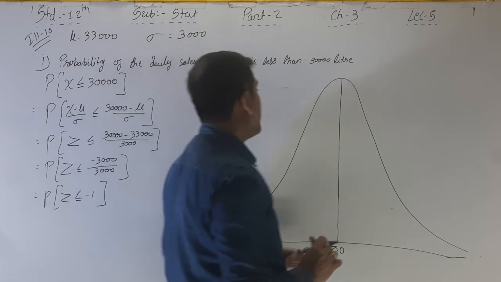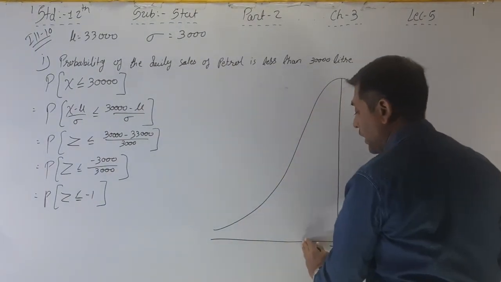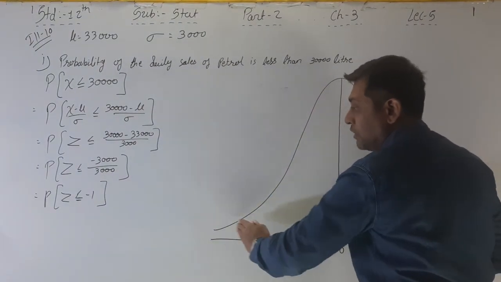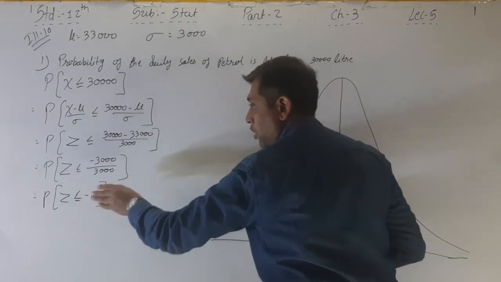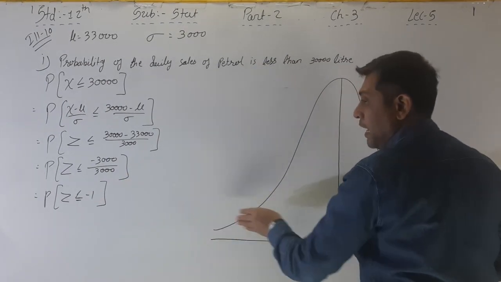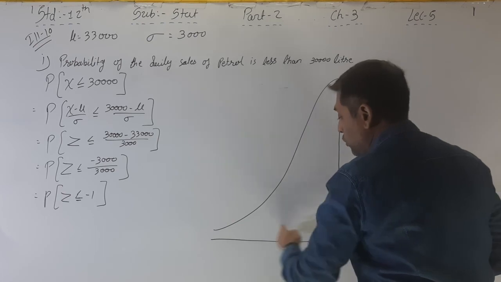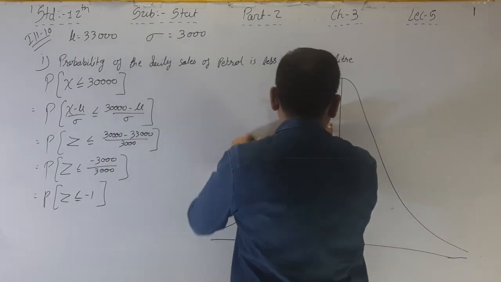Z is equal to 0 here, and the probability we have to find is less than or equal to minus 1. Here is minus 1, and since it is less than, we take the area on this side, the left tail. From this to this, this is your area.